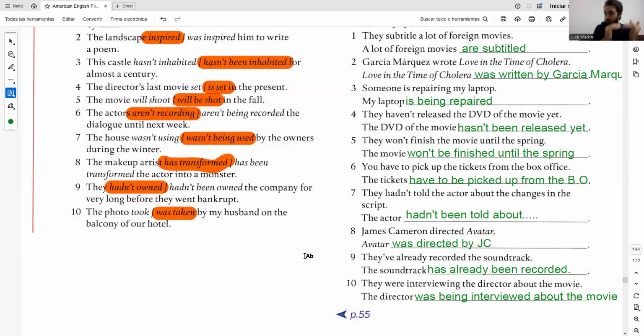Be in the correct tense, and then the past participle of the main verb. Right? A lot of movies are subtitled. Love in the Time of Cholera was written. My laptop is being repaired. Be in the right tense plus past participle.